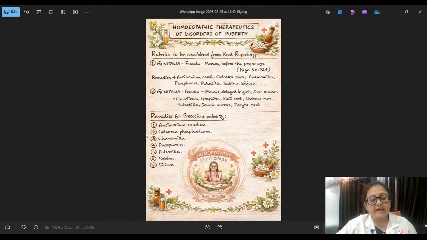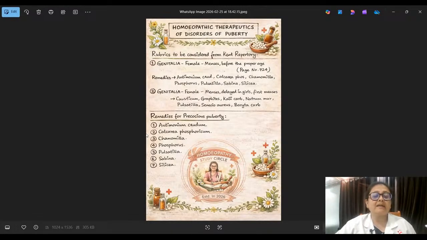You are writing materia medica for therapeutics. Of course therapeutics is also a type of materia medica, but therapeutics is applied materia medica. You should never write common name, prover, family, all these things in therapeutics. That is not needed. Therapeutics is the application of materia medica clinically.